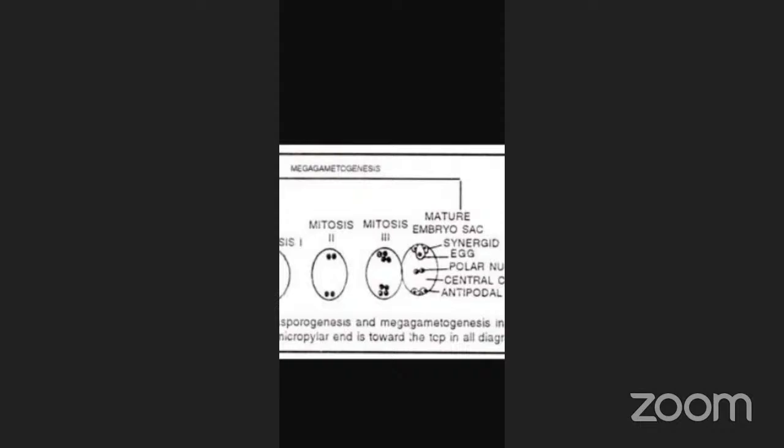The 3 chalazal nuclei are present very close to each other. During the next division, the micropylar nucleus divides, and the 3 chalazal spindles fuse to form a single common spindle. The 4 haploid nuclei are at the micropylar end and triploid nuclei at the chalazal side. So one more division occurs, resulting in 8 nuclei.